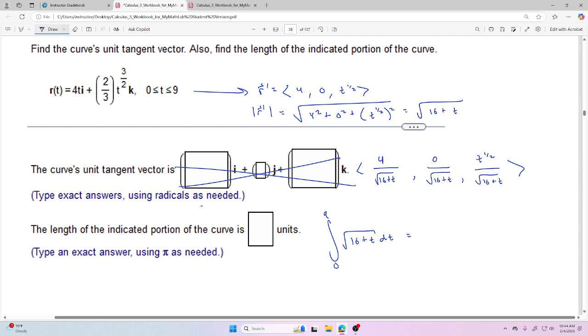So I'm trying to remember this stuff. This is a U substitution thing. Do you want me to do U sub? That's what you're doing? I'll do U sub.